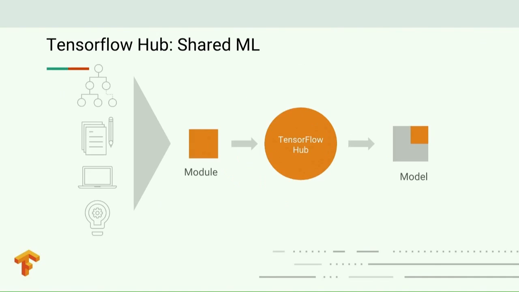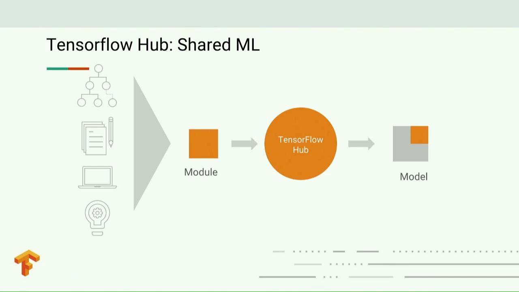TensorFlow Hub has something called modules. A module is a pre-trained TensorFlow graph. Somebody else who had a lot of data or access to compute has trained part of their network, and they have composed it in the form of a module. They publish it to the TensorFlow Hub repository and upload it for people to use.